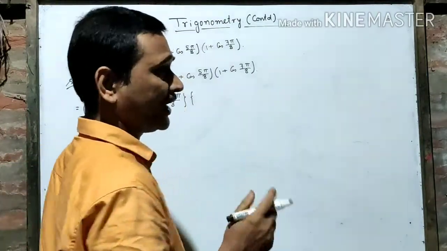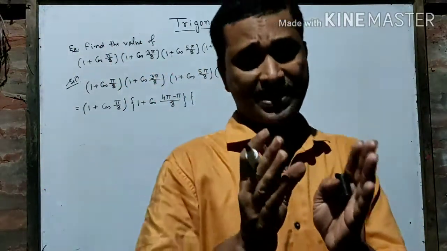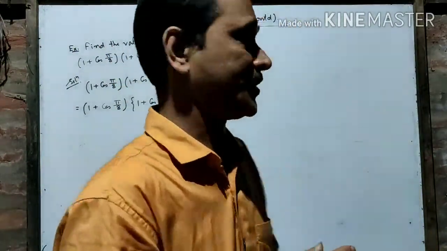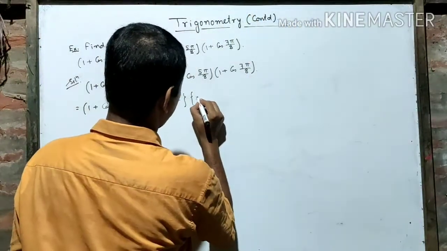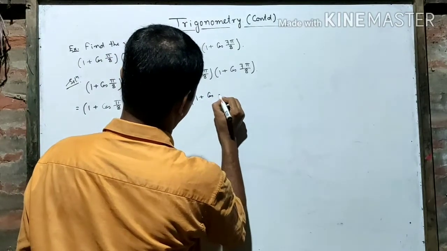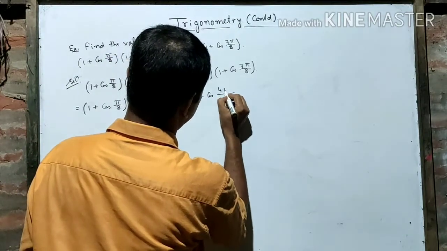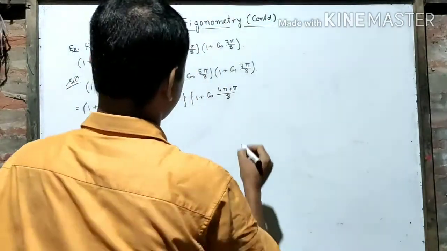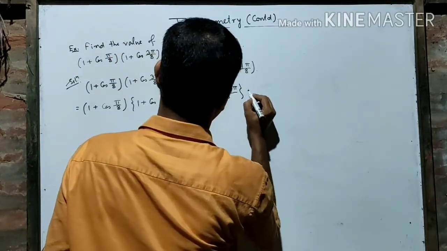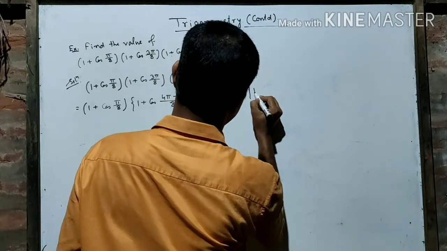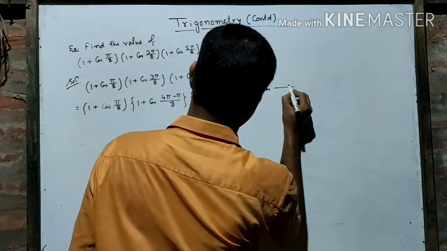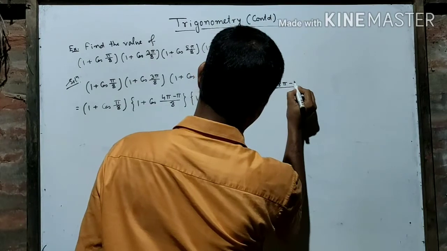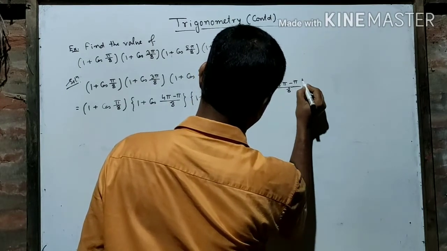If you want to apply STC, you must have a multiple of 90 degrees. So what do we write for 5 pi by 8? 5 pi is written as 4 pi plus pi by 8. And this one is 8 pi minus pi by 8.